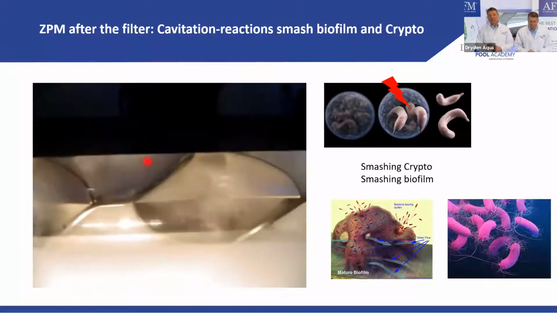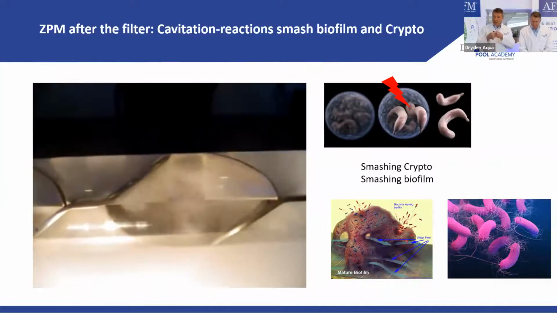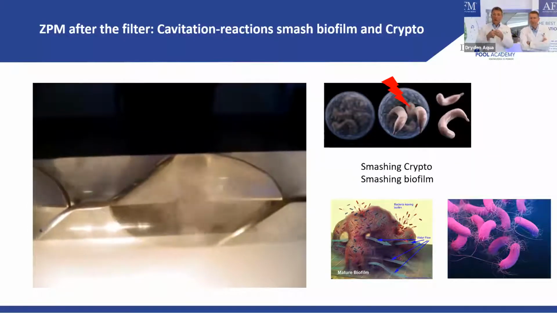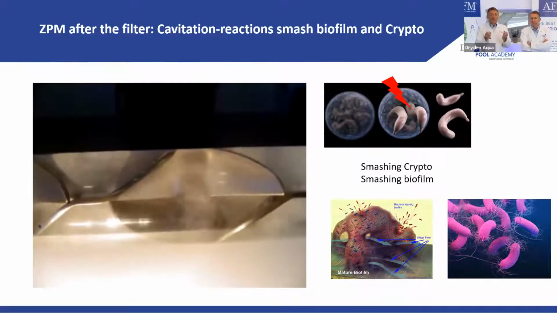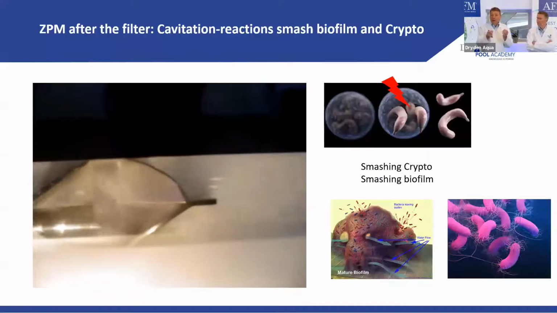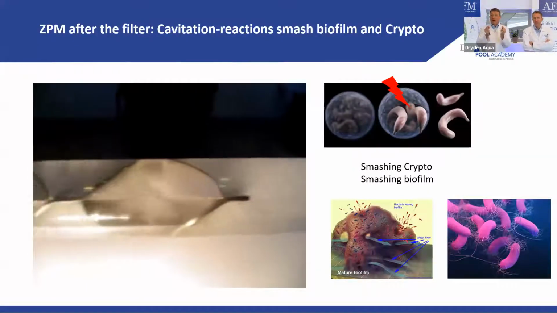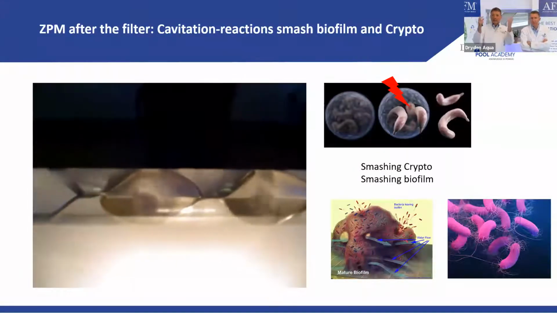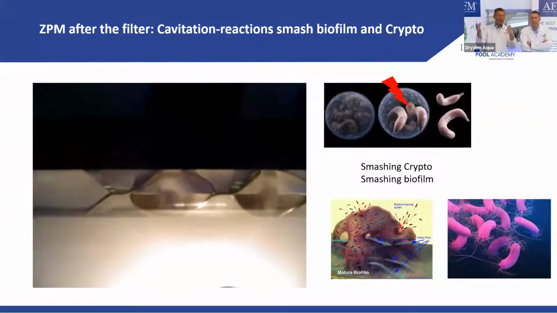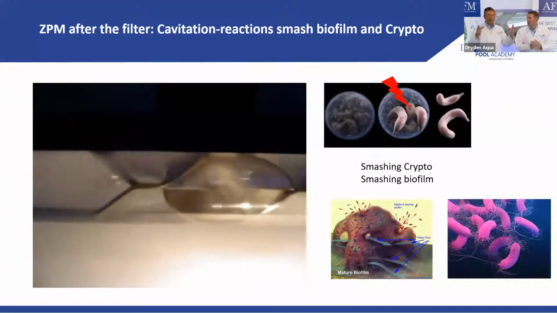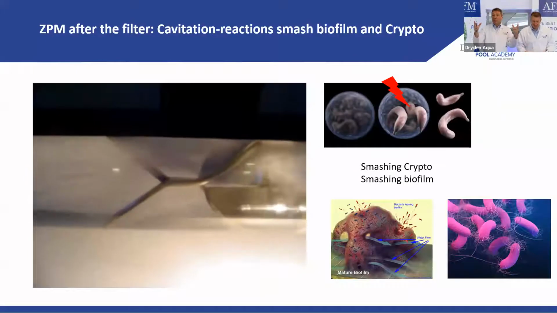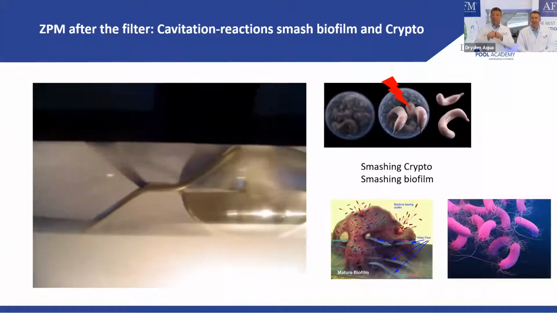And here you see these cavitation reactions. What is cavitation? You pull the water apart. You form a nanobubble, and this nanobubble is not exploding, it's imploding, like in Star Wars, when the Empire Strikes Back, or the other one, whatever. If these planets are imploding, it gives a big boost.